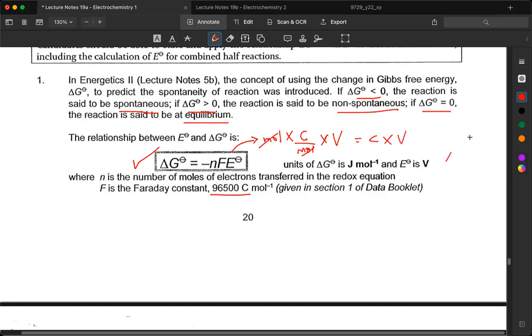So the relationship between energy, charge, and voltage is this. Energy, which is measured in joules, equals charge measured in coulombs times the voltage. So energy equals charge times voltage.